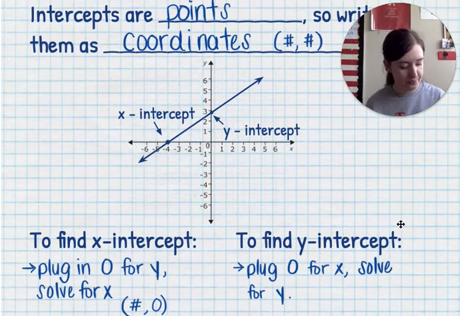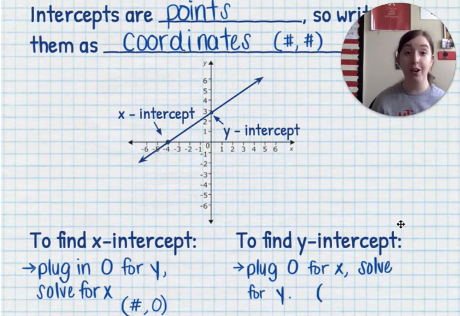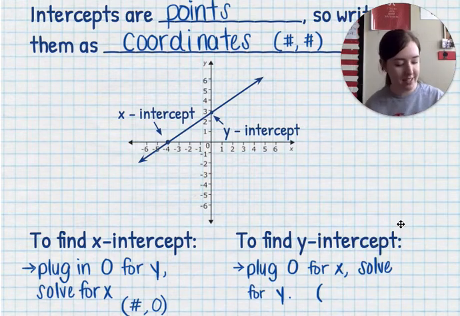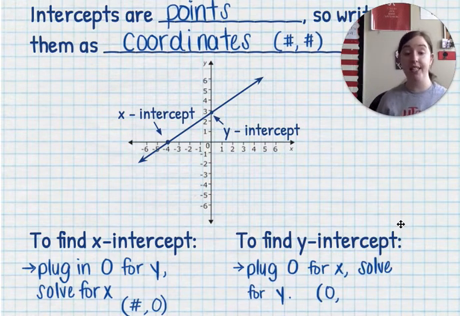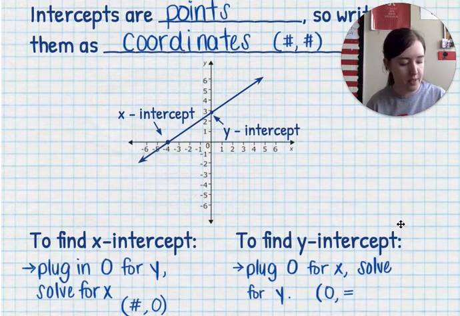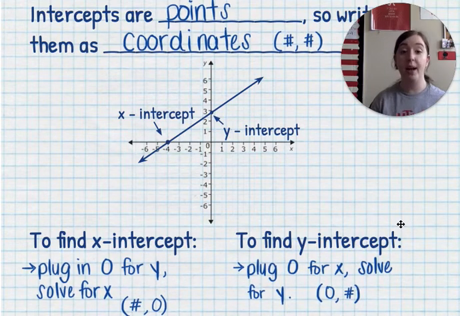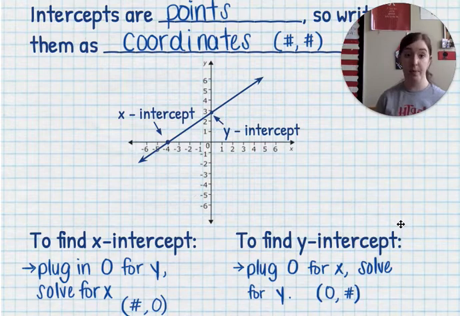So when we have our point, we know that we plugged in 0 for x. So we know our y-intercept is going to have a 0 first, and then we're going to solve for y, so we'll end up with some other number. So each of my y-intercepts will be 0, some number.